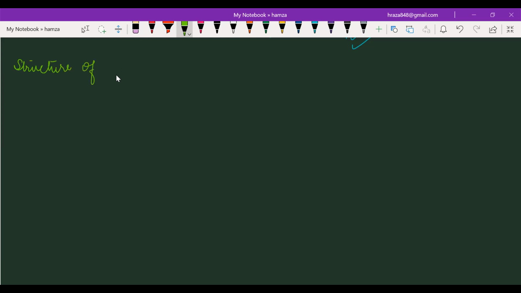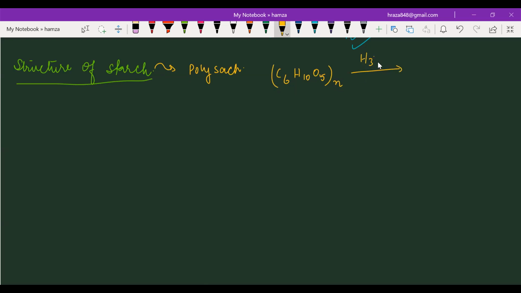In starch, there are two components, and you know that starch is a polysaccharide with the general formula C6H10O5 repeated n times, and when hydrolyzed, it gives n moles of C6H12O6.